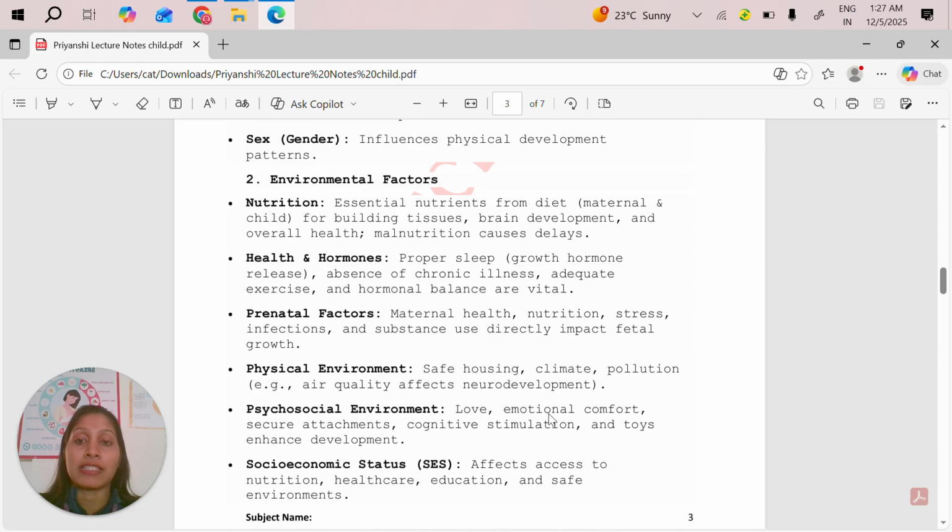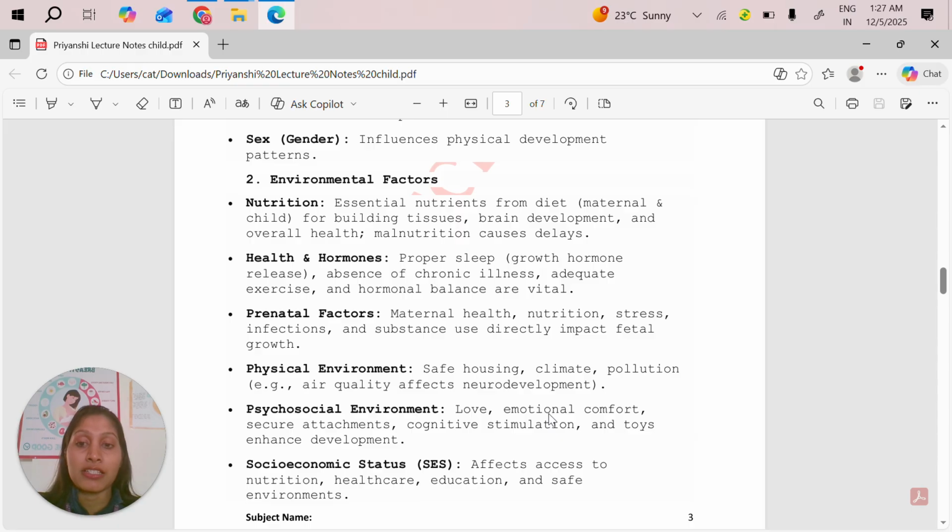Okay, then second is environmental factors, which include first nutrition, essential nutrients from diet, maternal and child, to build up tissue, brain development and overall health. Malnutrition causes delay. Second is health and hormones. Proper sleep, growth hormone release, absence of chronic illness, adequate exercise and hormonal balance are vital.